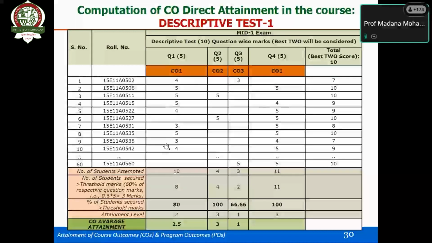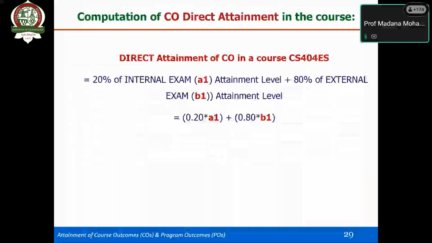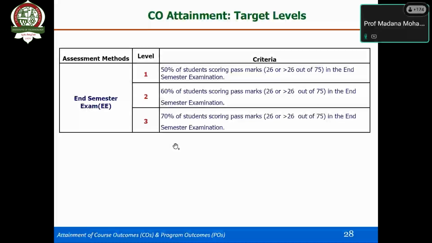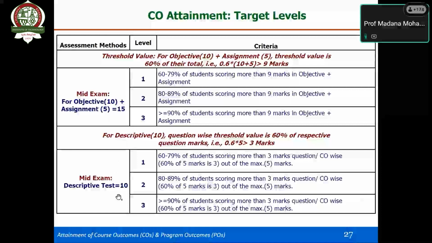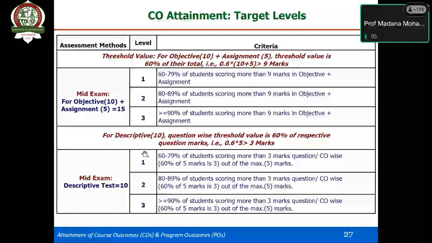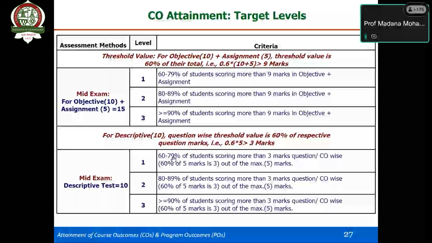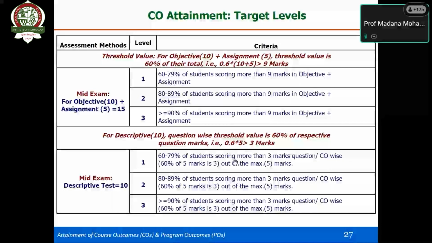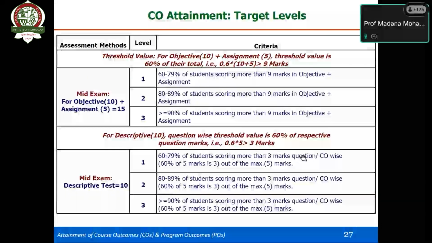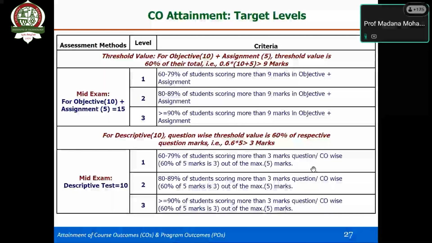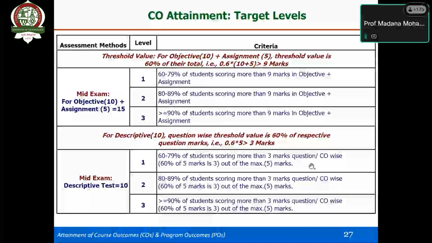Now as per the descriptive test, go back once and check the target levels. Here you can see this is the descriptive test. Weightage is 10 marks. Level 1 means 60 to 79% of students who score more than 3 marks in that question. Why 3 marks?